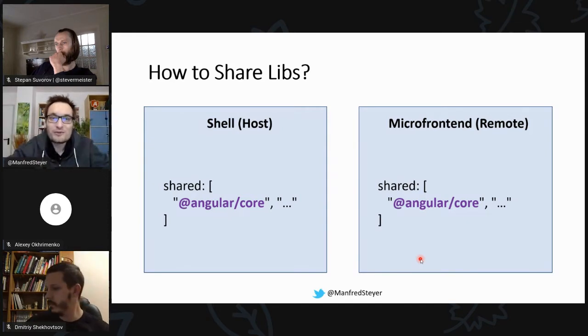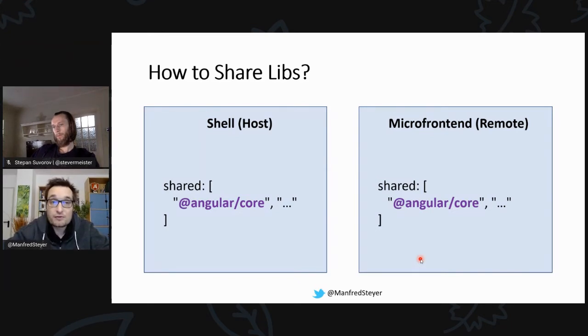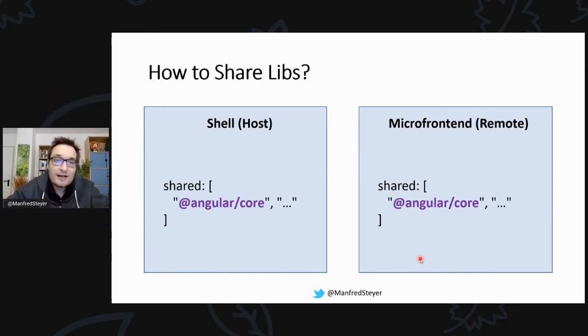No, we just want to load it one time. And so it's really cool to know that we can define several NPM packages as shared packages. If it is defined as shared on the left side and on the right side, it's only loaded once. And obviously, this brings a lot of performance because we don't need to download several things several times.